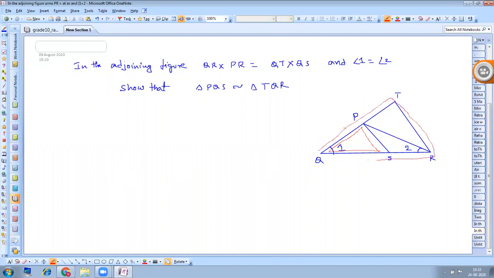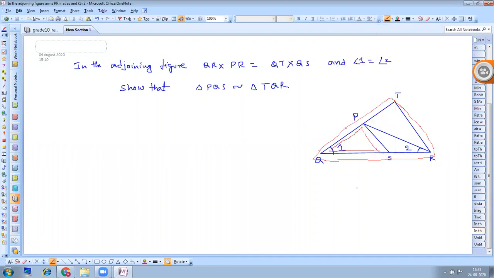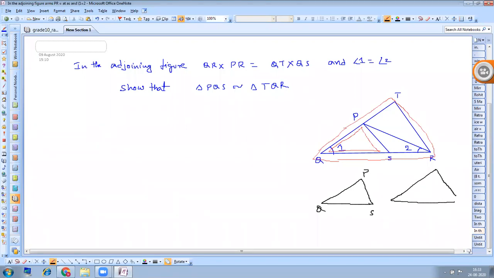These red color marked triangles only I have to prove. Am I right? If you are still not clear, take out the two triangles separately. So PQS, this is PQS. Next one is TQR. This is TQR. Extending PQ only is TQ, QS extension only is QR.